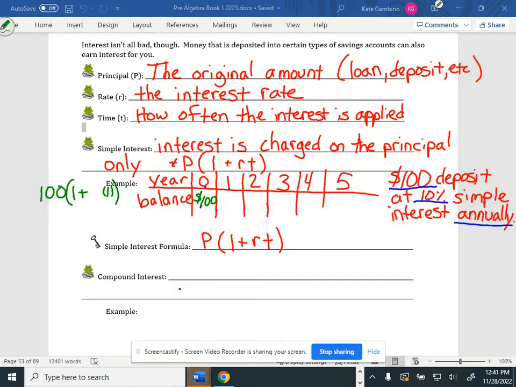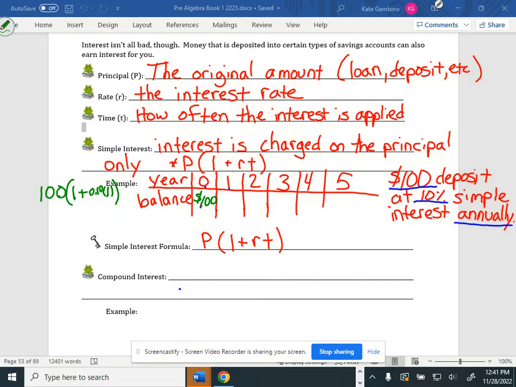So let's come back. We know $100 is our principal. 1 plus the rate. I'm not going to want to put a percentage in there. I want to put what math I'm going to do. So what would I put, Aiden? 0.10. 0.10 times 1, which is annually. That's every year. So I'm timesing it by 1.